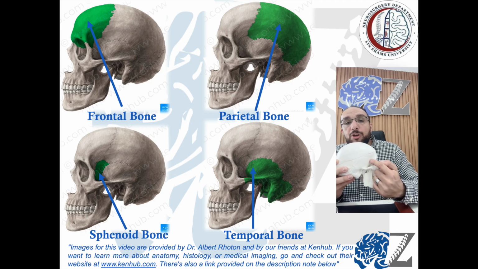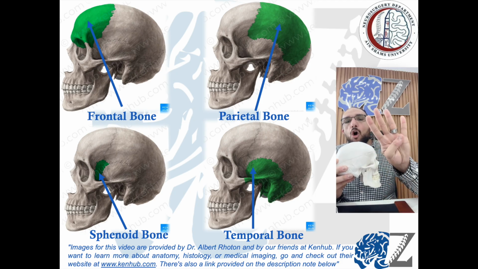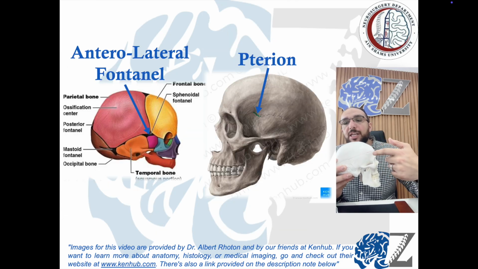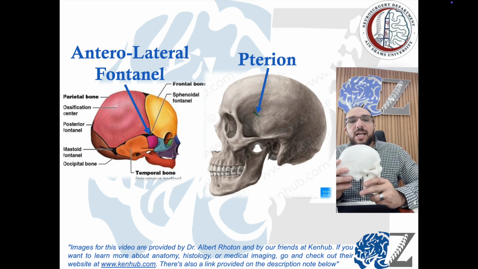There is a point of fusion between four bones at this point: the frontal bone, the parietal bone, the sphenoidal bone, and the temporal bone. This very important point is called the pterion. Wait a minute, it's the point of fusion of more than one bone.